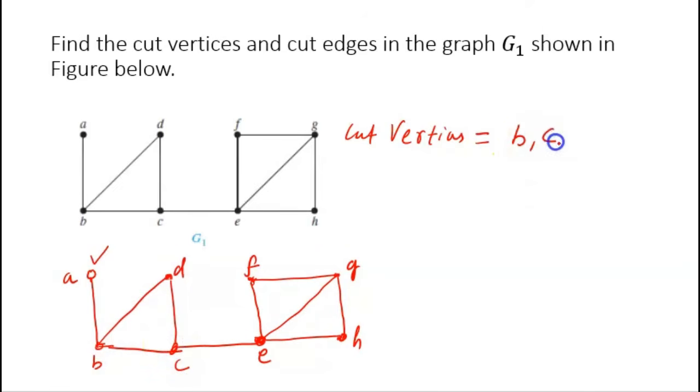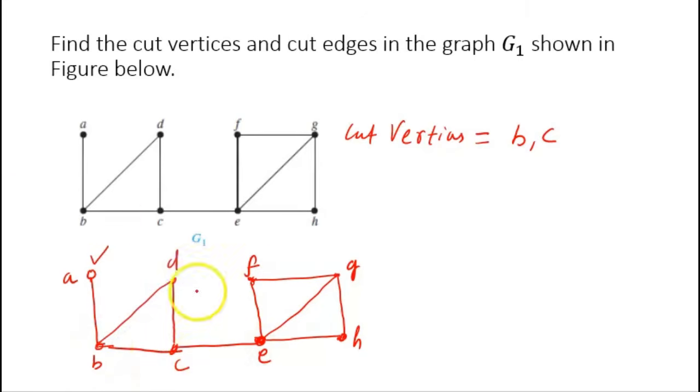What about the vertex D? If I remove D, you can clearly see that the removal of D is not creating any problem. The graph is still connected. So D is not a cut vertex. I hope you are getting the explanation here. Up to now, I hope you have no doubt. So let me draw D back.